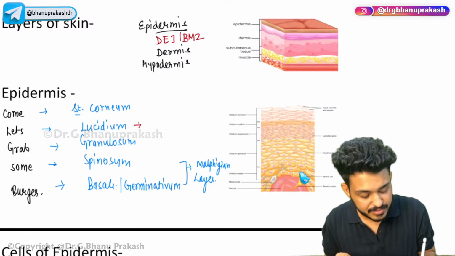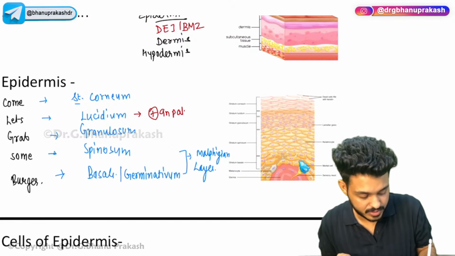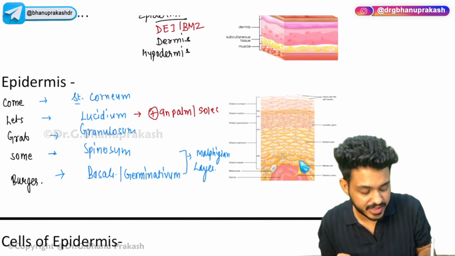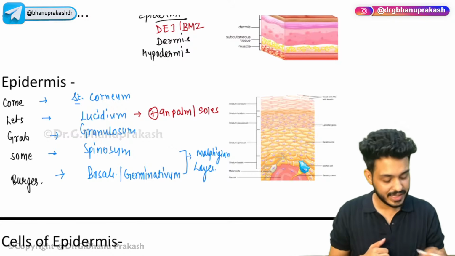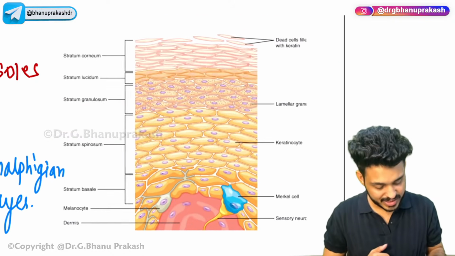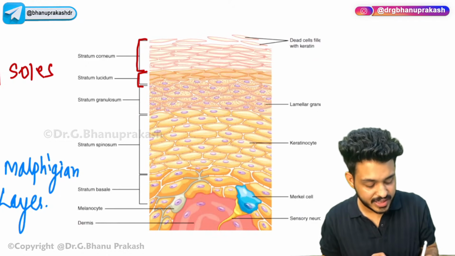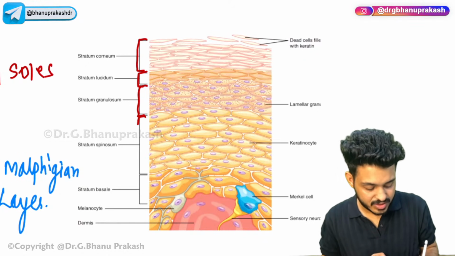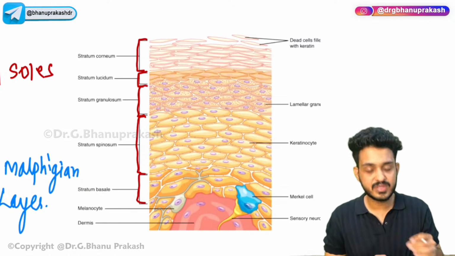This lucidum will be present only in palms and soles. That is why palms and soles are thick. Let's see one by one what these layers are: the first is stratum corneum, then lucidum, then granulosum, then spinosum, and lastly basal. That is, come, let's grab some burgers.